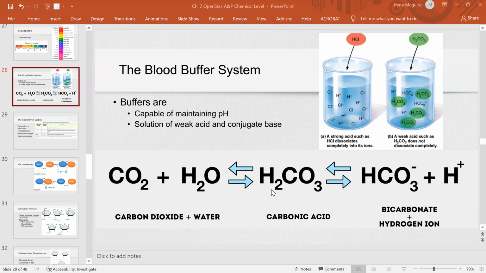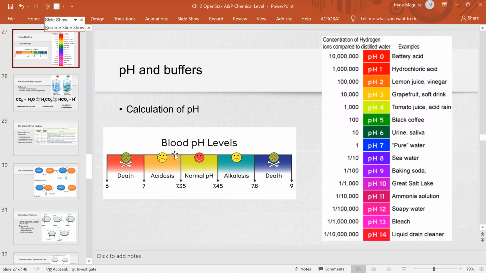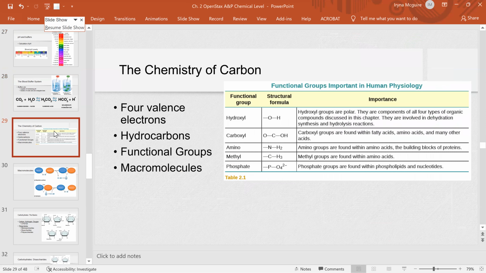If more carbonic acid dissociates, you increase the concentration of hydrogen ions, and you need it if your pH goes too high, right? If you don't have enough acidity, because remember, you need to be right there at a normal pH, right?